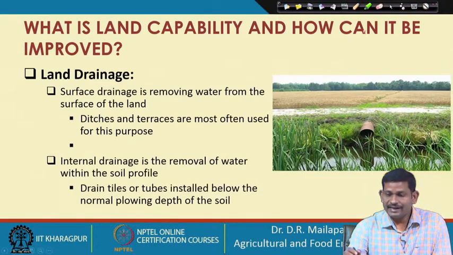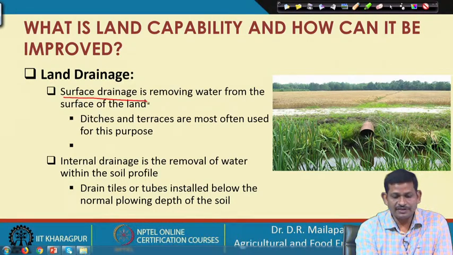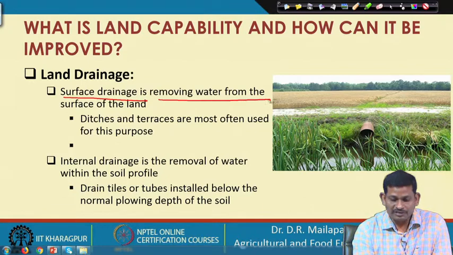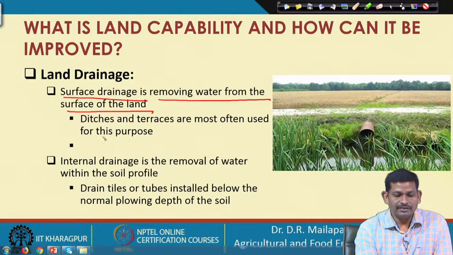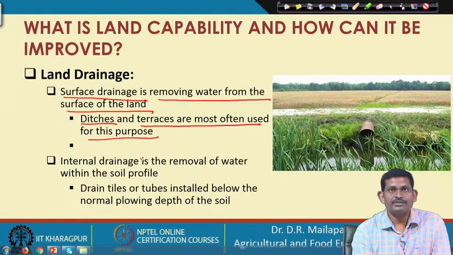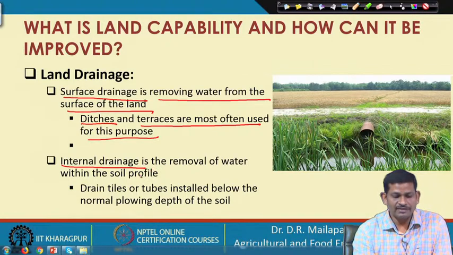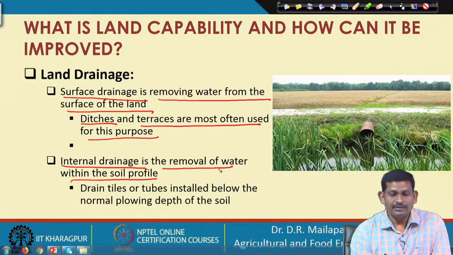Okay, so the next is land drainage. Surface drainage is removing water from the surface of the land. Generally ditches and terraces are most often used for this purpose. And then there is internal drainage, which is subsurface drainage, the removal of water within the soil profile.